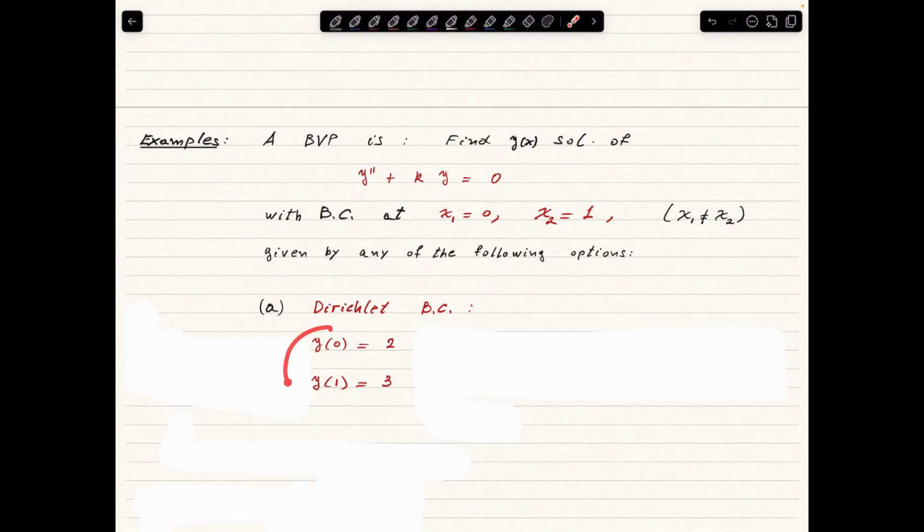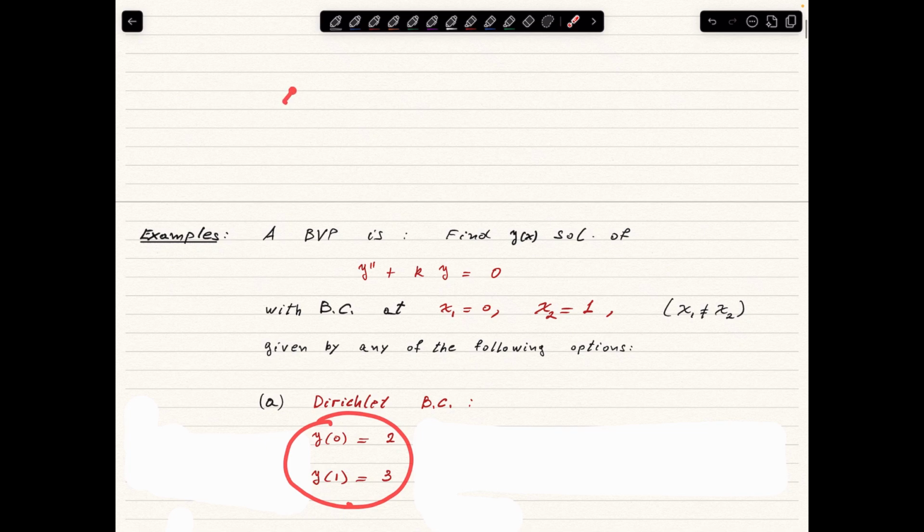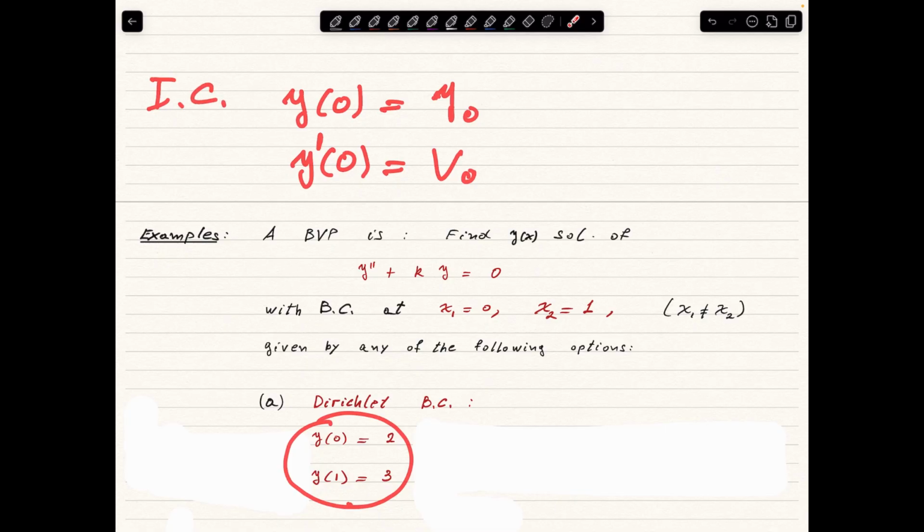Recall why we need 2 boundary conditions. For the same reason we needed 2 initial conditions when we solve this equation, for example, initial position and initial velocity. These were initial conditions when we solved this equation in the previous video.